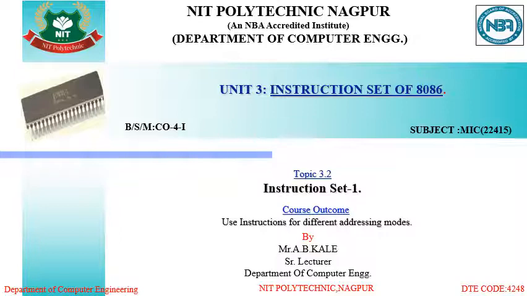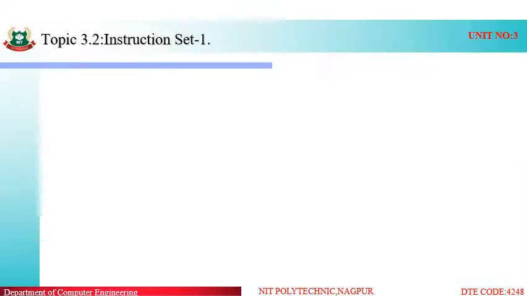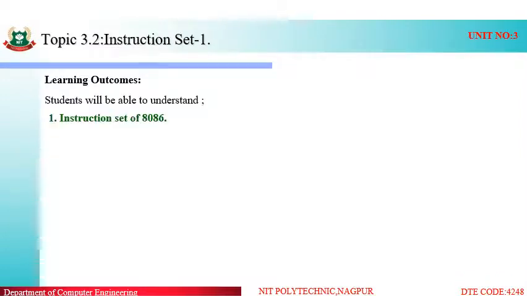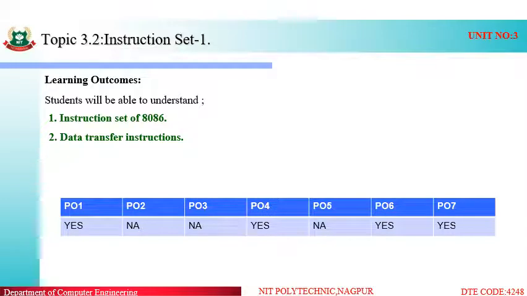Course outcome is to use instructions for different addressing modes. So in this video we will see the instruction set of 8086 and the data transfer instructions. What are the different data transfer instructions? POs mapped are PO1, PO4, PO6 and PO7.